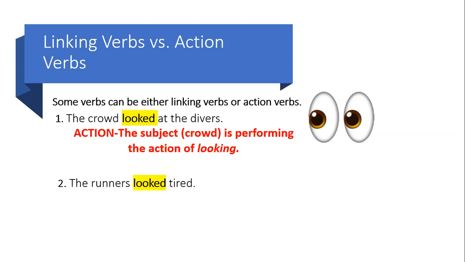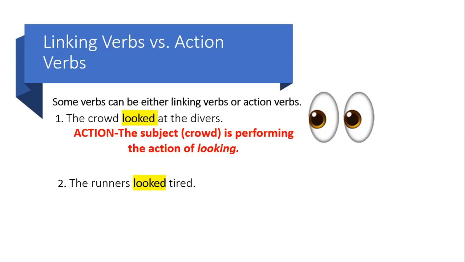The runners looked tired. Now, I identified looked as a verb. It can either be action or linking. That's what I'm trying to figure out. And I identified the subject, which is runners, because it's who or what the sentence is about. And I look at the predicate and I see the word tired.